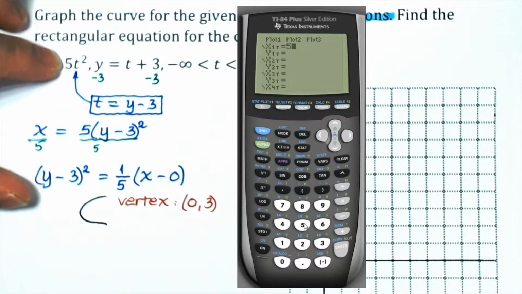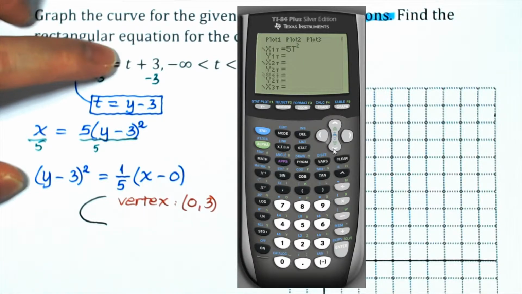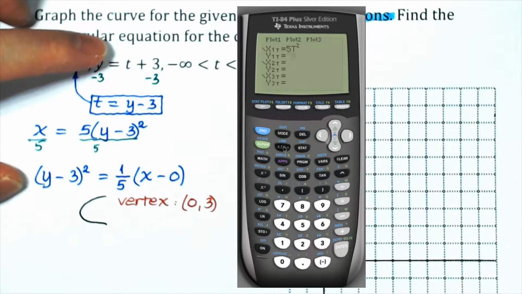So we have 5t squared for x, and then y equal to t plus 3.